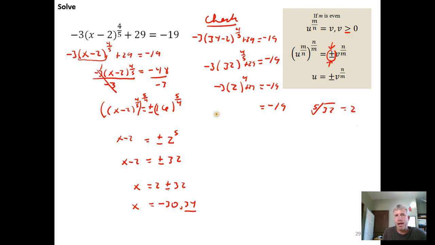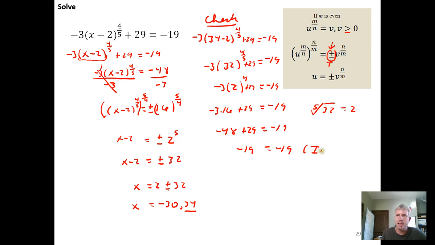2 to the 4th power is 16. So we get negative 3 times 16 plus 29. Negative 3 times 16 is negative 48, plus the 29. Negative 48 plus 30 would be negative 18, and with the 1 less we get negative 19 equals negative 19.